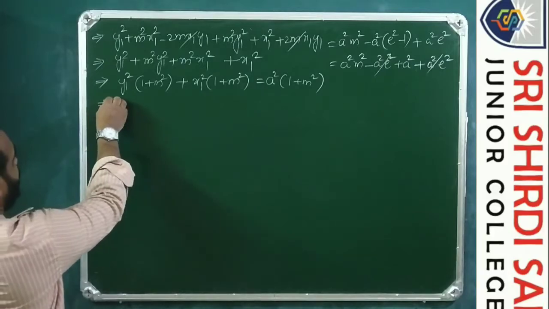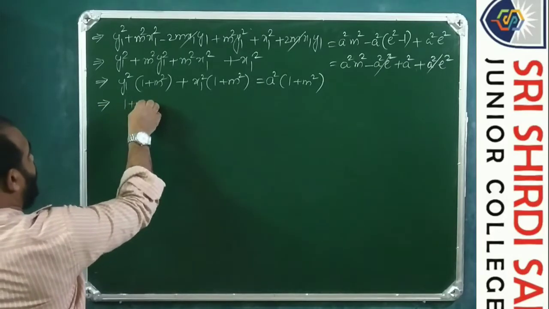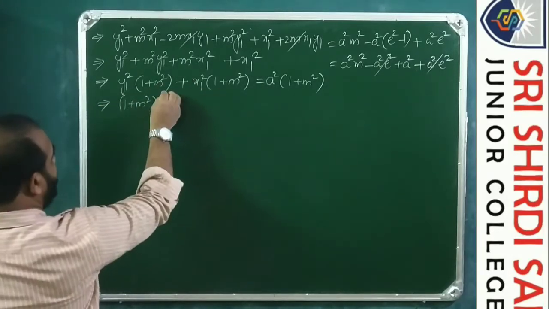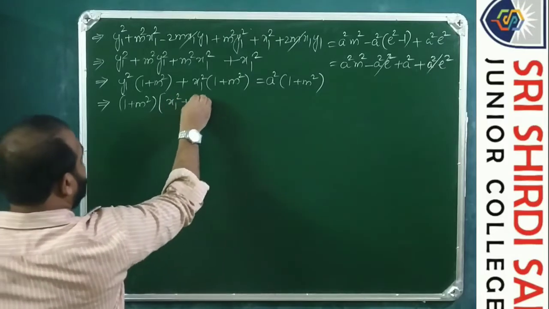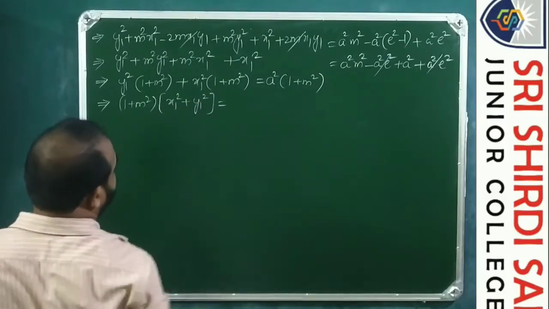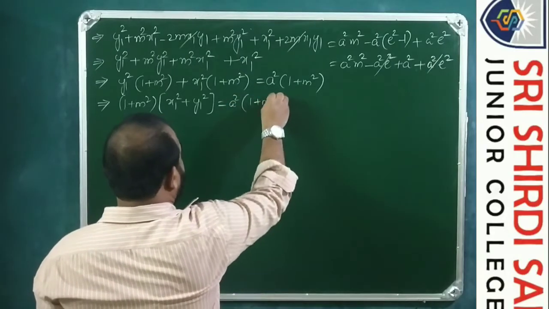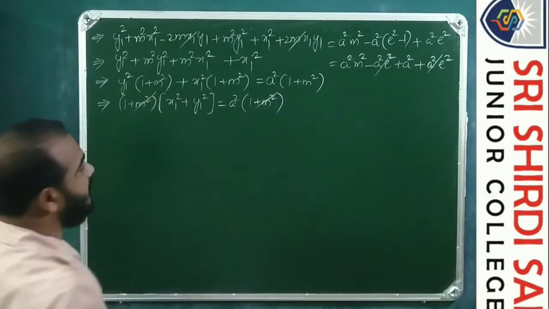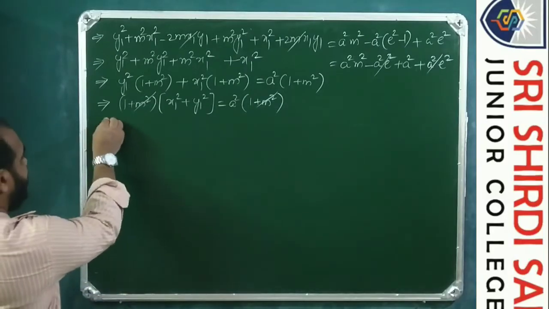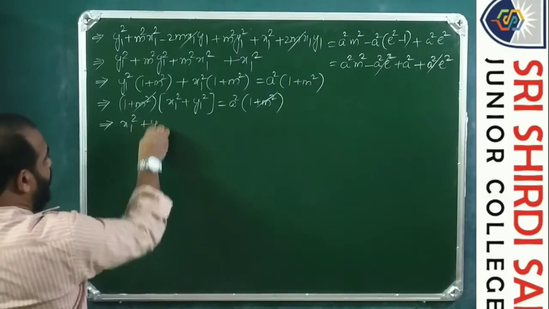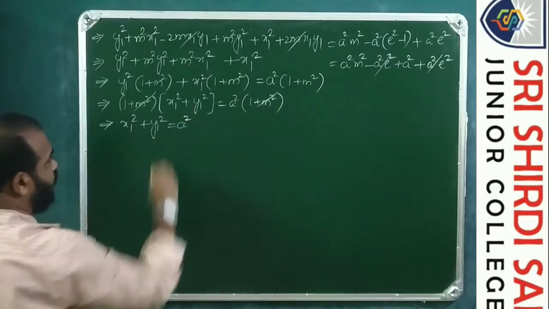Take 1 plus m square common in both of them, then we'll get x1 square plus y1 square is equal to a square into 1 plus m square. So these two get cancelled. So this implies x1 square plus y1 square is equal to a square.